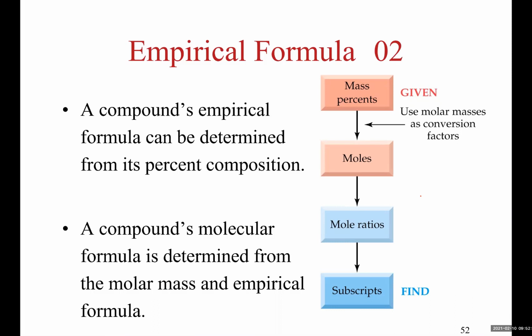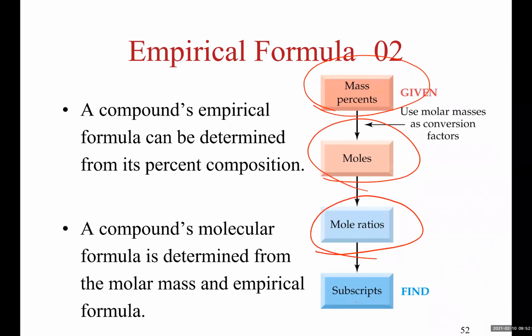So the general method, just like any chemistry problem, you start with mass, convert to moles, find the ratio between the number of moles. So the subscripts of atoms are integers, whole numbers. They're not fractional numbers. But at the end, we are interested in the molecular formula, not the empirical formula.